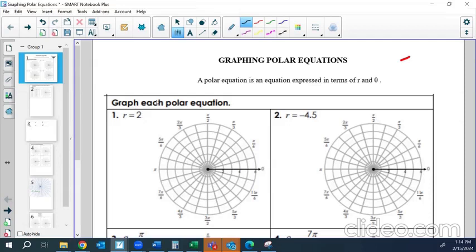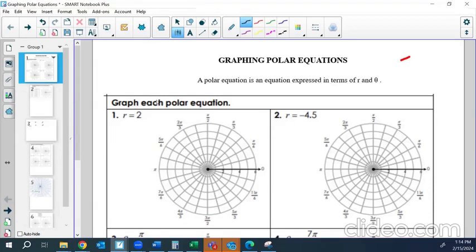Okay, I'm getting there. So let's look at number 1. R is equal to 2. What does that look like? Well, let's look at this example here in linear. Y equals 2. We all know what that looks like. It's a horizontal line.